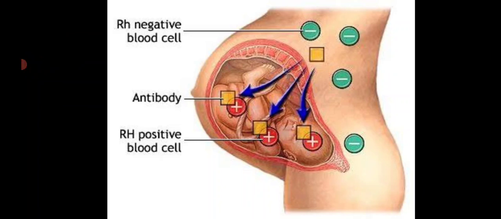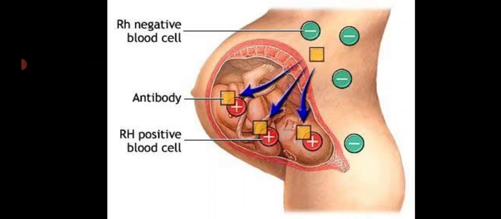But at the end of pregnancy, that is at the time of delivery, the blood vessels will be damaged. That is due to damage of blood vessels during childbirth. Some of the fetal cells may enter into the mother's body. So some of the fetal blood will enter into the mother's body.